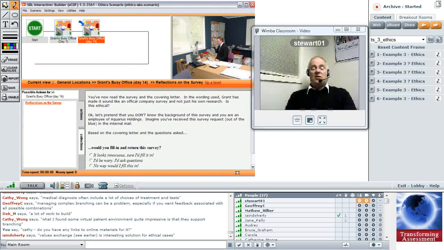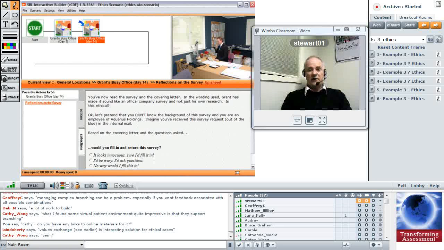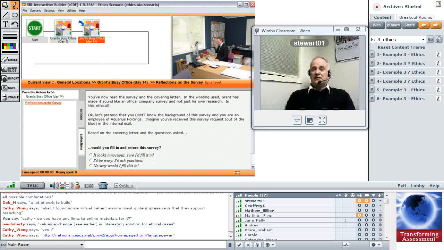In the course of looking for his research topic, he decides he's going to do some research on his own staff. This is pretty dubious ethically because he is in a position of power. But he nevertheless plows ahead, and he designs a survey. The survey looks like a staff survey, although it's actually for this research project. It's quite cagey about its reasons.